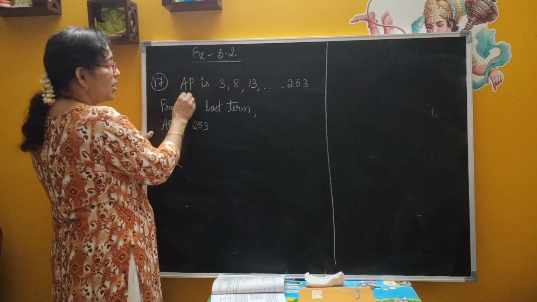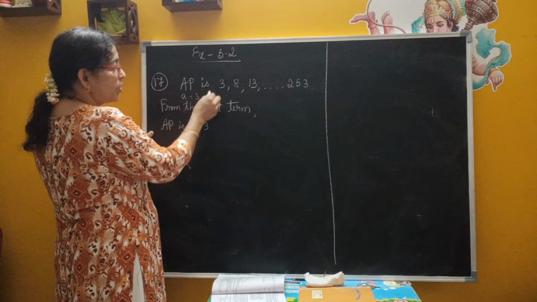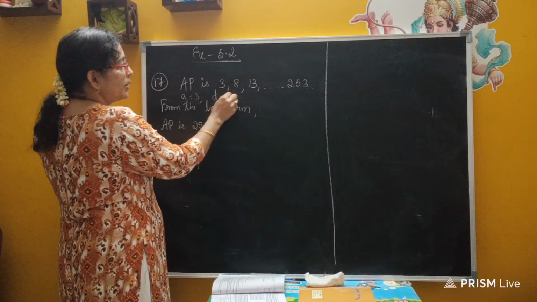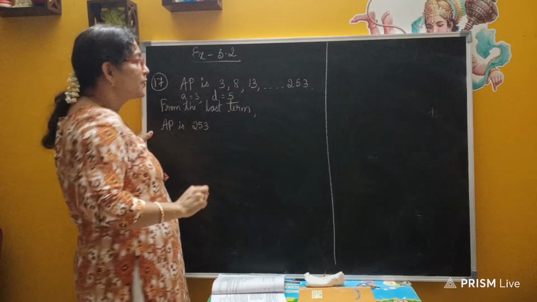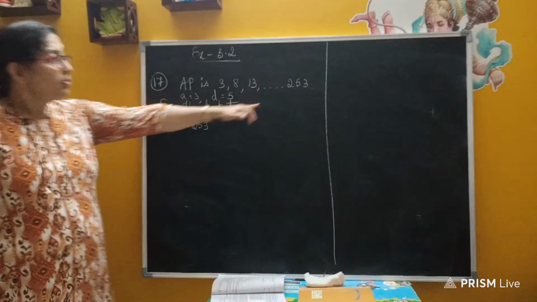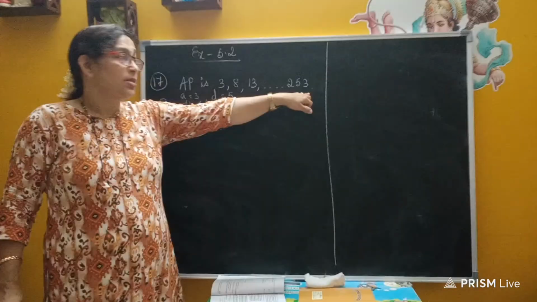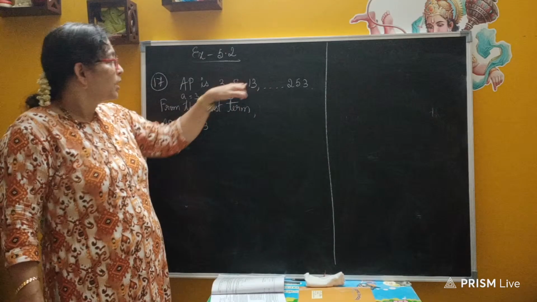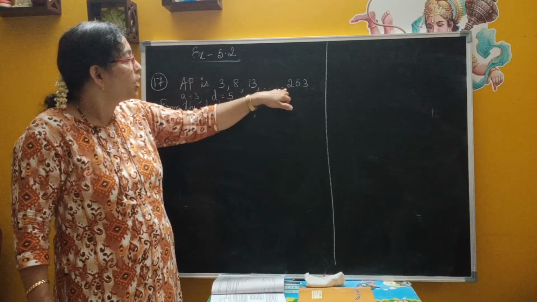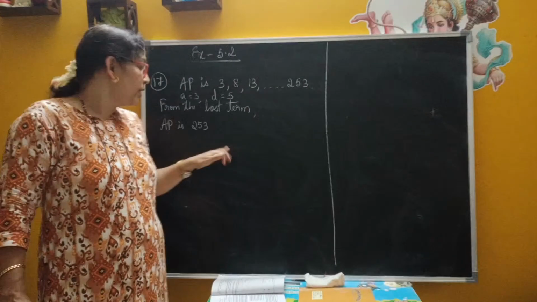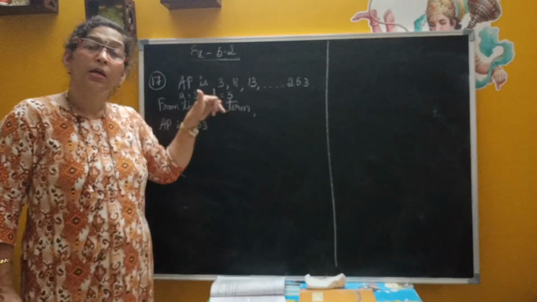See here now. In this, the first term A is equal to 3. D is how much? 8 minus 3 is 5, or 13 minus 8 is 5. When you come in decreasing order from the last term 253, if you observe this AP, you will come to know it will be in decreasing order. So D will be in negative form.